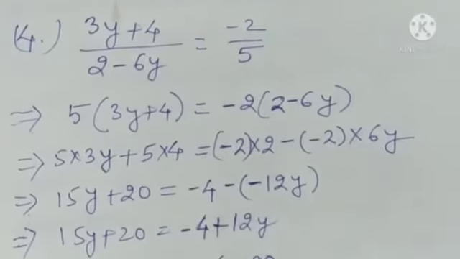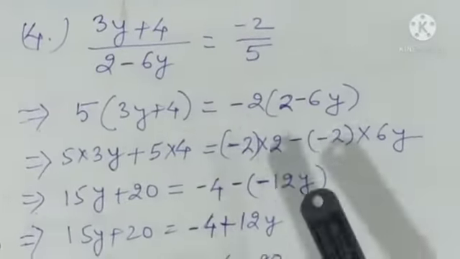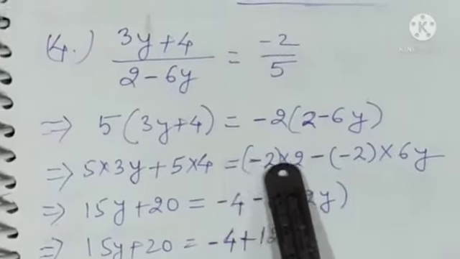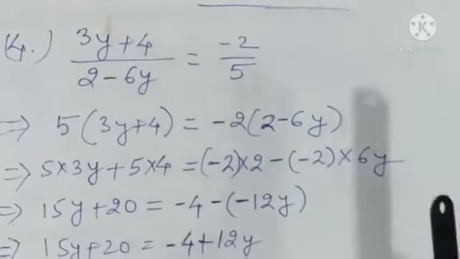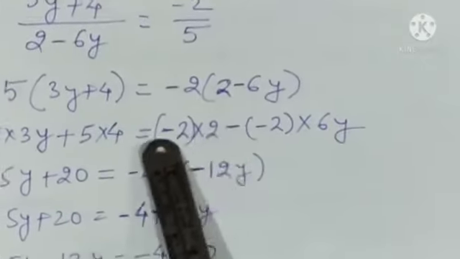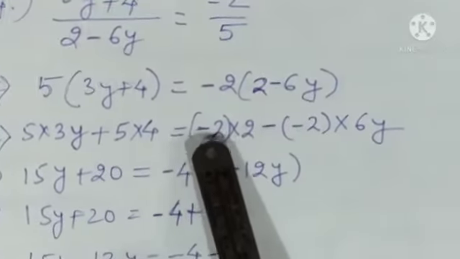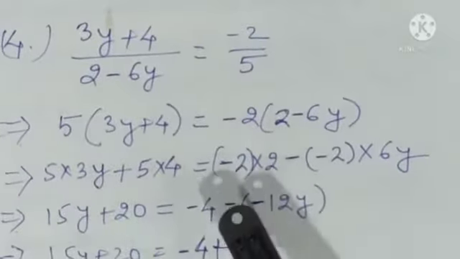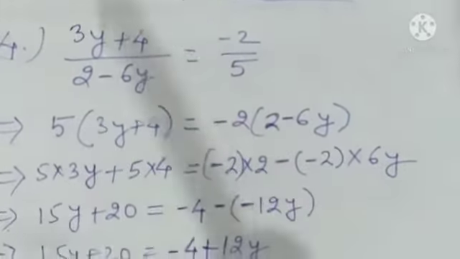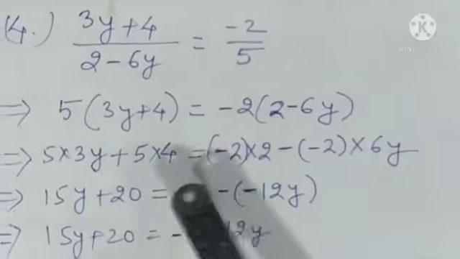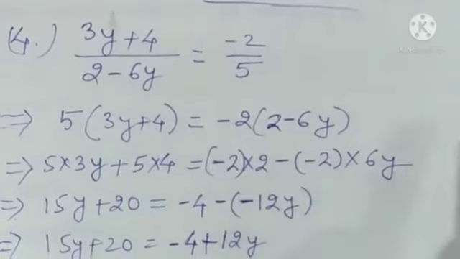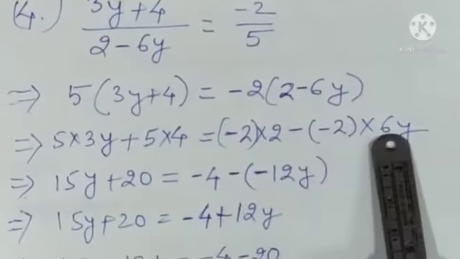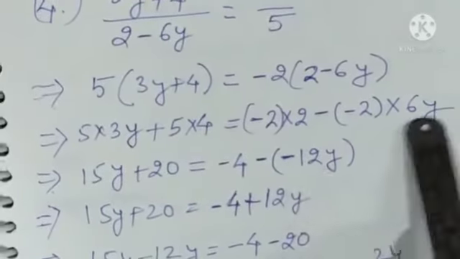And if you don't remember that law, only remember that if the signs are opposite, the result is negative. If the signs are the same, meaning both positive or both negative, then the result is always positive. Clear?